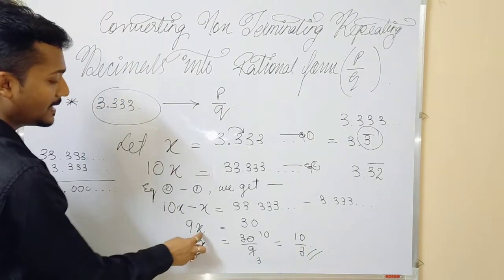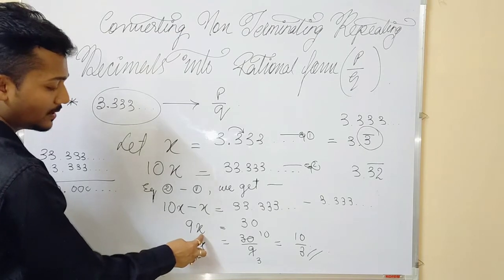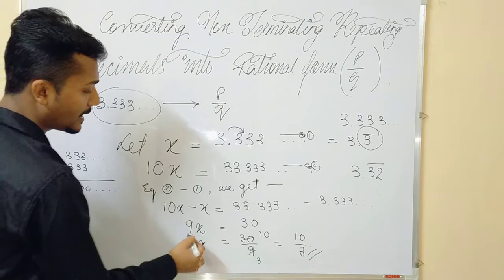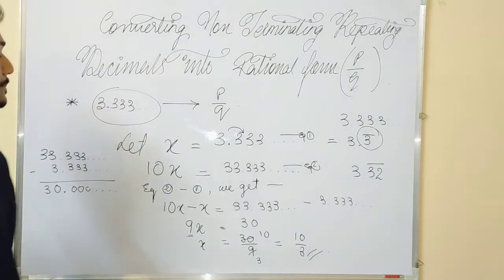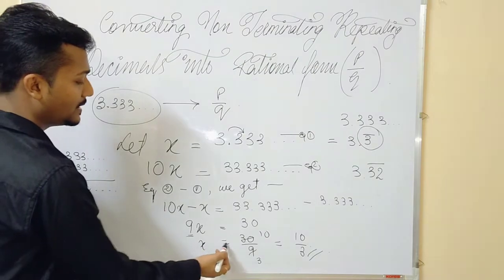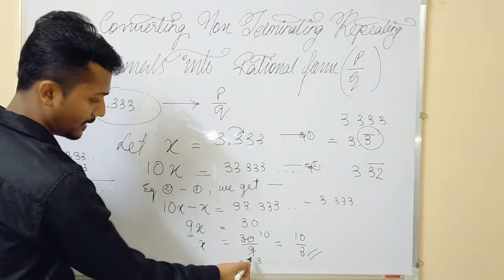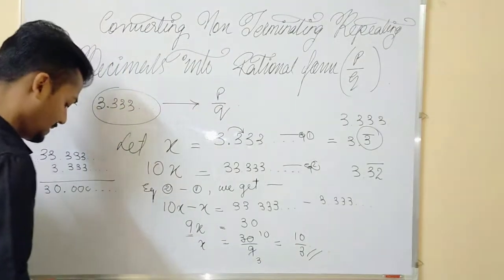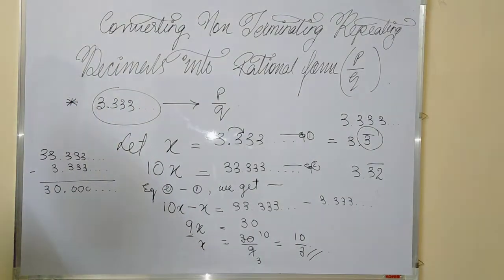So 9 into x is equal to 30. When I take this 9 to the other side, by the method of transposition, x will be equal to 30 divided by 9, isn't it? 30 divided by 9 is equal to 10 by 3. Is it clear? Note it down.